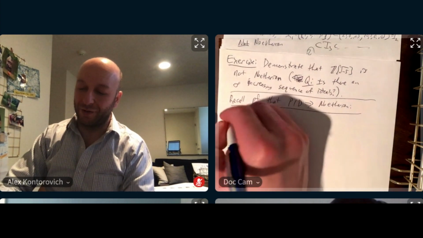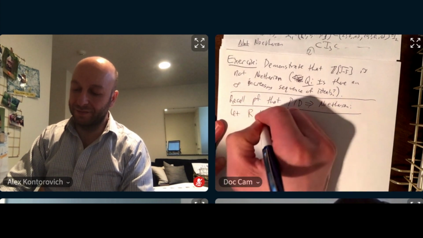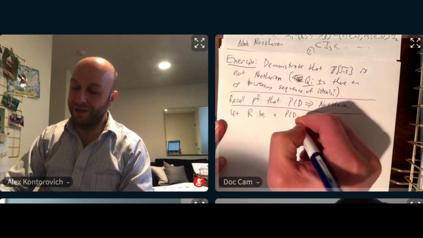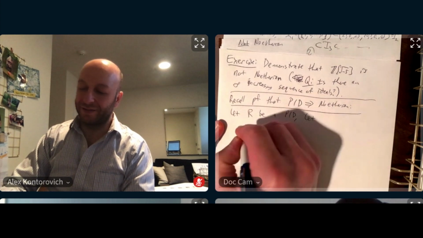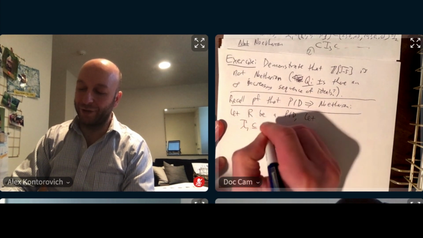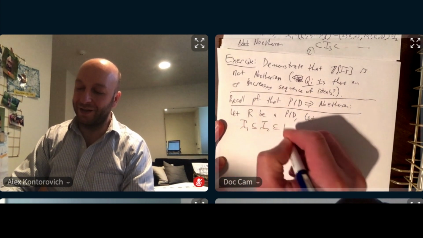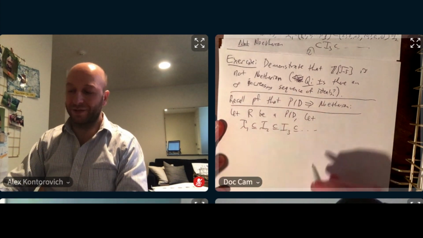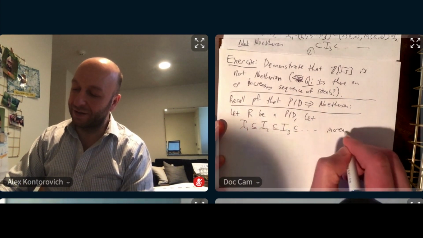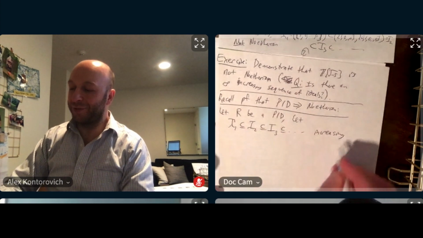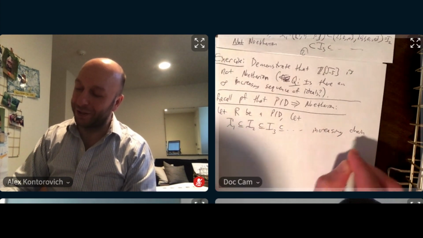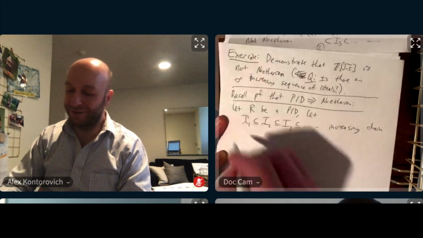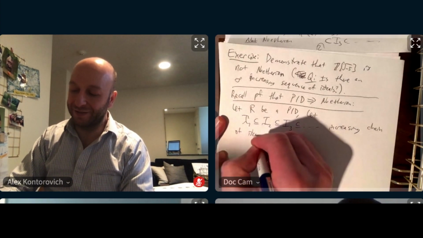Let R be a principal ideal domain, and let I1 contained in I2 contained in I3 and so on be an increasing chain of ideals. They call it a chain, but it's just a sequence. The word chain doesn't have any mathematical meaning here.